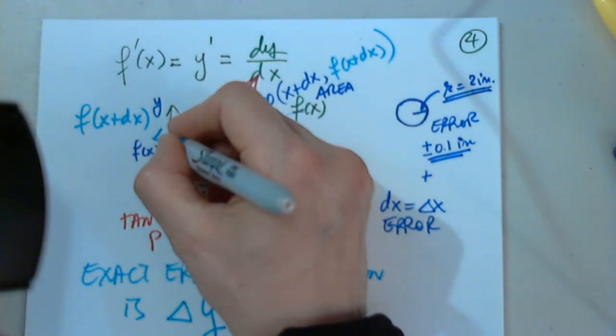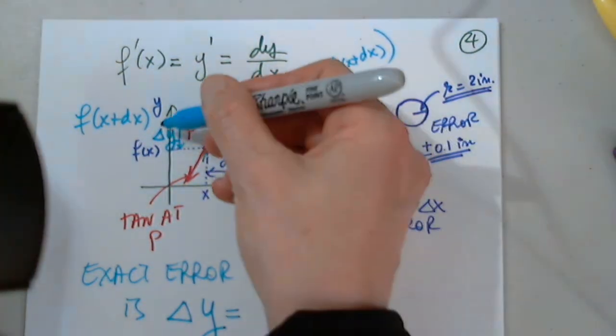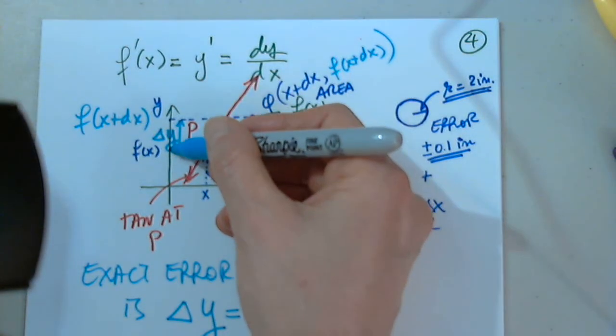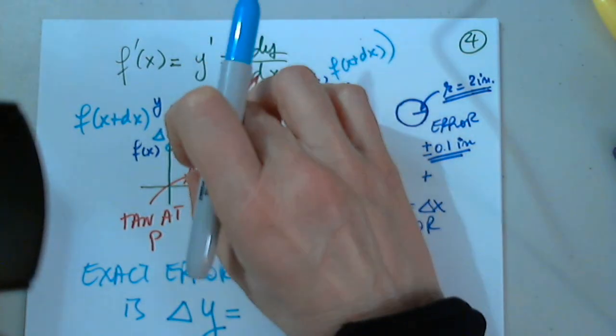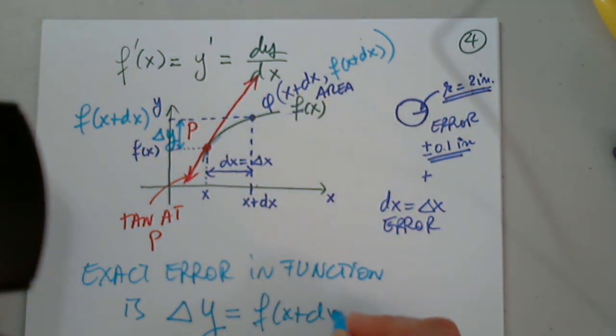So this piece is called delta y, and that is f of x plus dx minus f of x. This minus this is this. F of x plus dx minus f of x. Good.